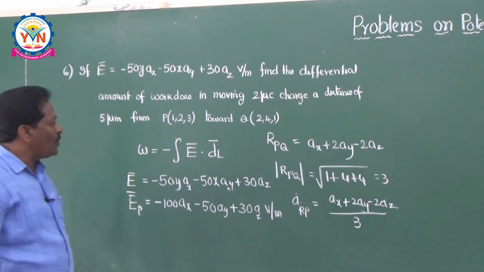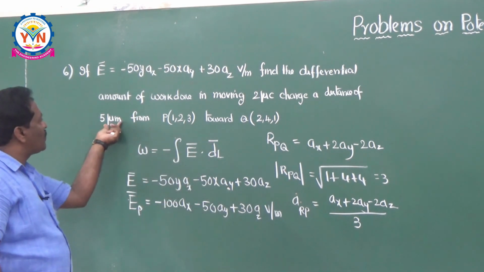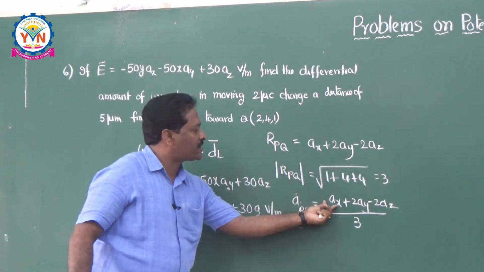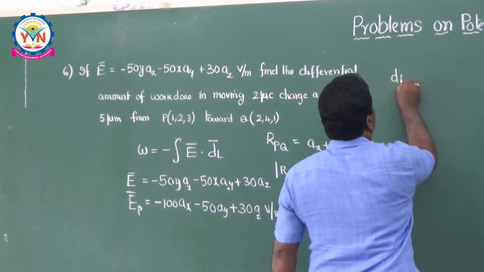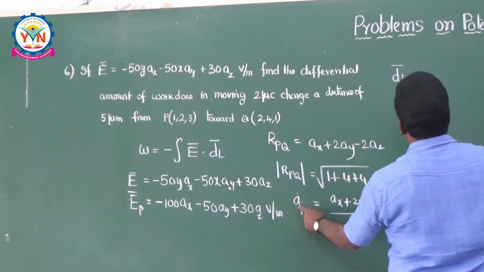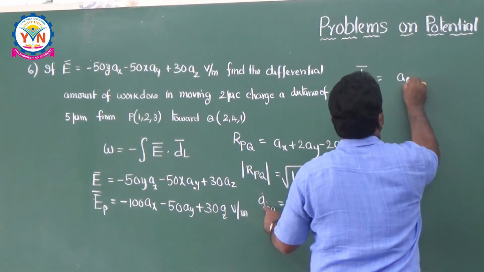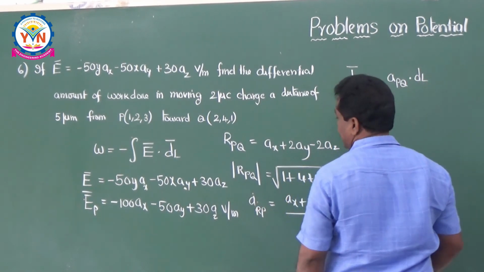So this dl is having a distance of 5 micrometers in this unit vector direction. That's why this dl bar is equal to ARPQ dot dl. This is nothing but a dot product, magnitude of this.